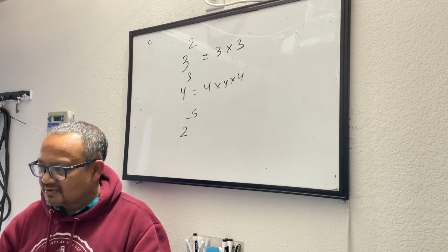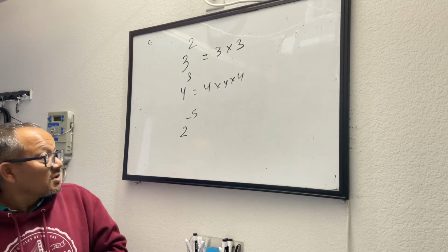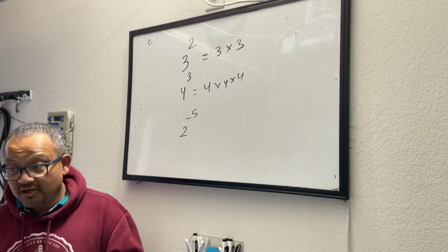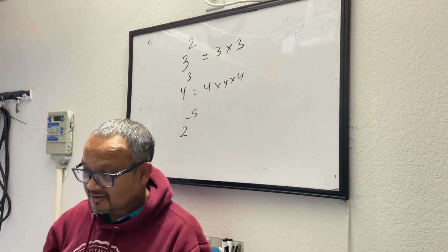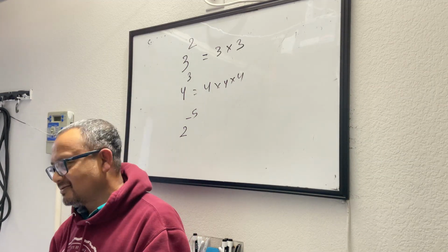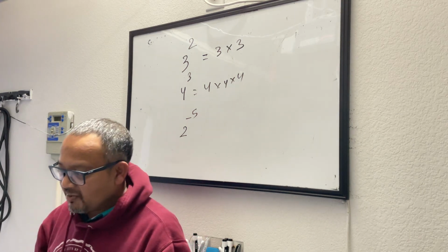So negative 2 times negative 2, 5 times. Sure. Sammy, what do you think? Sir, I think it's going to be negative 2 times negative 2 times negative 2 times negative 2 times negative 2. Okay.